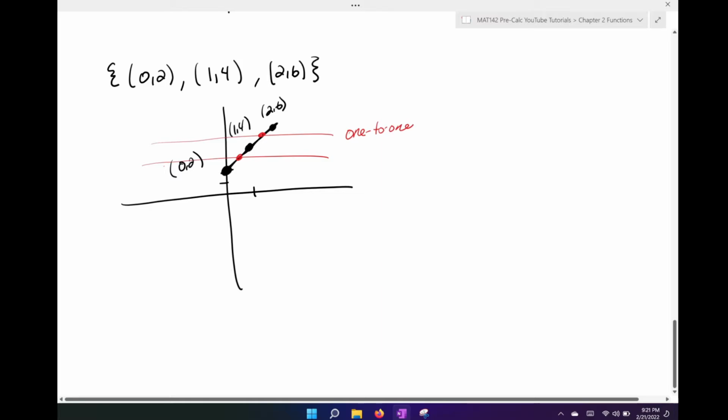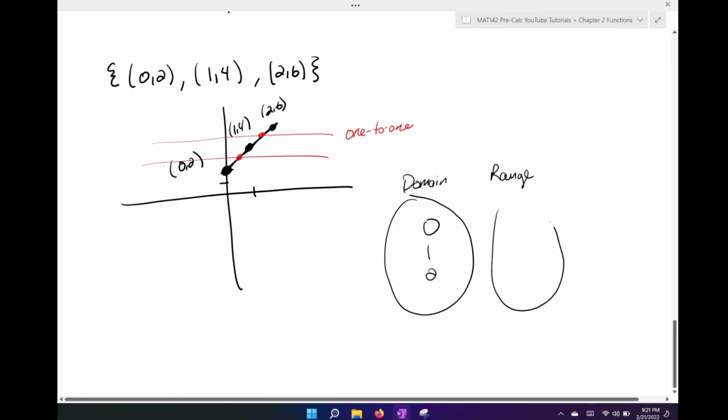And what that definition of an inverse says is that if we were to group our domain, which in this case will be 0, 1, and 2, and then we were to write the range, which is going to be 2, 4, and 6, we can map all of these x values to each one of these y values by using our function.